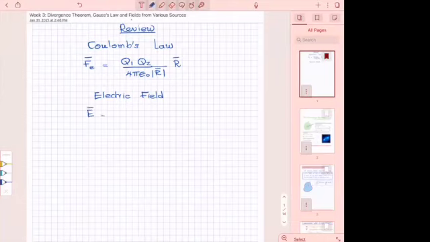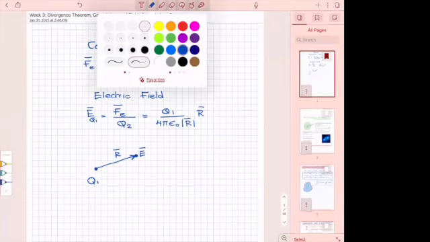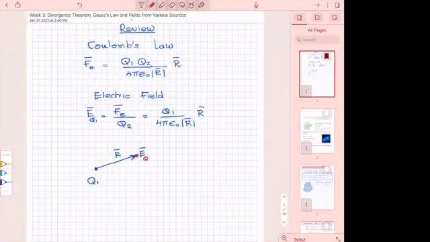And this electric field, of course, due to Q1, say, for example, we remember here, is the electric force divided by Q2, which practically gives us Q1 over 4 pi epsilon naught R squared times the unit vector R. And this is nothing else but if Q1 is here, and this is distance R, E is the electric field at this point, all right, E due to Q1, and as a vector, this electric field at that point is going to be this one, okay?